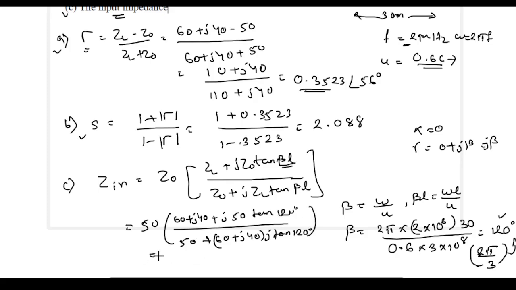So you can make the calculations. This Zin will come as 23.97 plus j1.35 ohm. Now this is the answer.